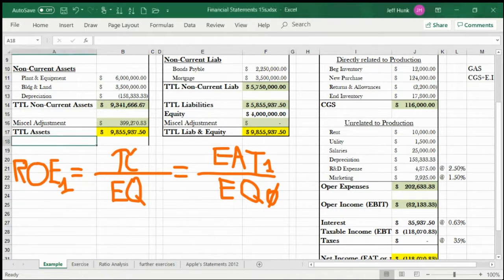We need the balance sheet at time zero, and we need the balance sheet at time one, right?